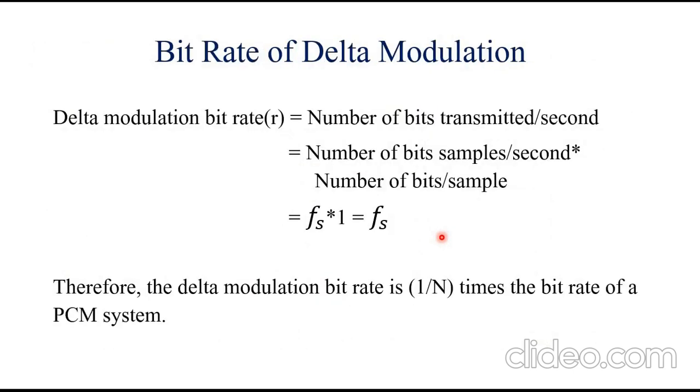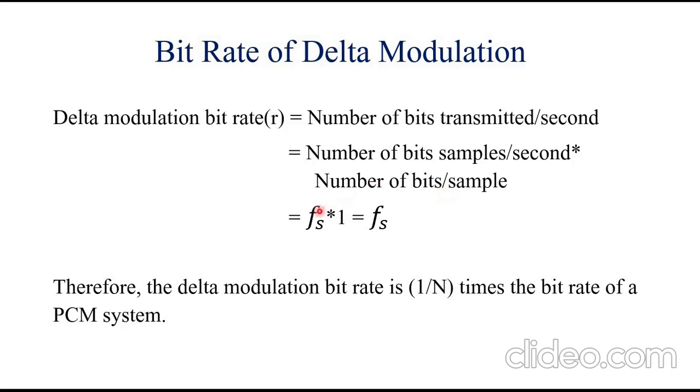Now let's calculate the bit rate of the delta modulation system. The delta modulation bit rate is equal to the number of bits transmitted per second, which is the number of samples per second times the number of bits per sample. The number of samples per second is denoted by Fs, and the number of bits per sample is 1, because delta modulation transmits only 1 bit per sample.